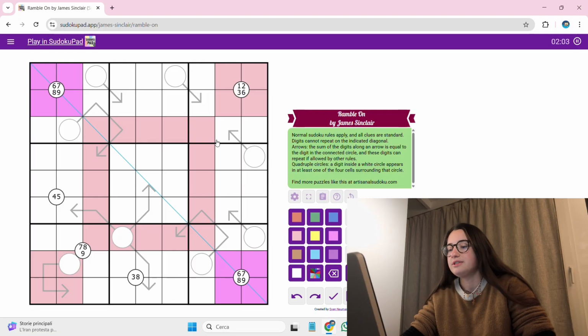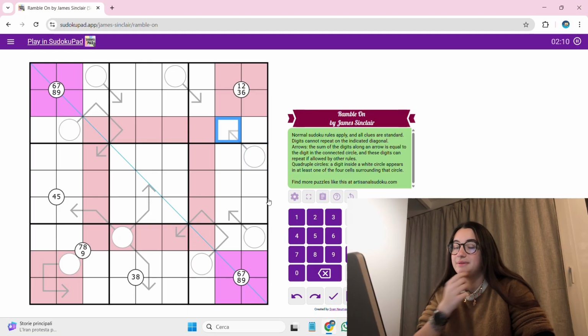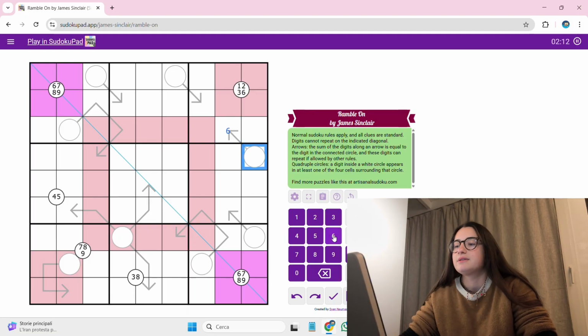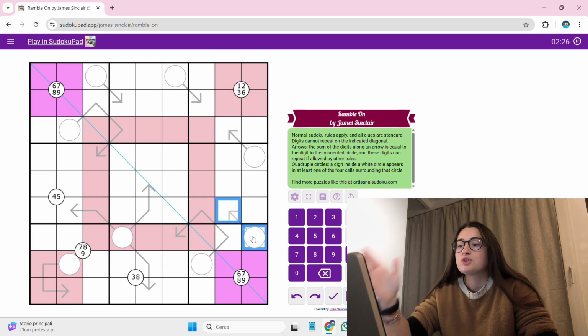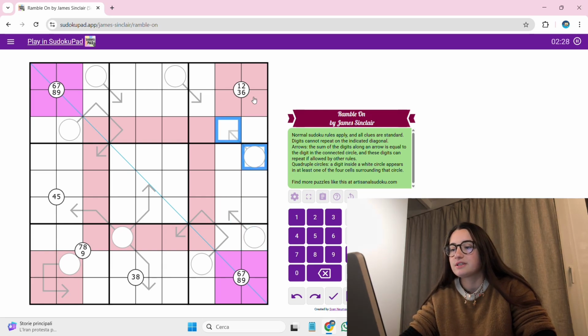Something else that I noticed is that, for example, here we need 2 digits that are basically the same. So let's say this being a 6 would mean this being a 6. But we have many restrictions, because we know that 6, 7, 8, and 9 are taken here, and 1, 2, 3, 6 are taken here, which means that neither of these arrows can contain 1, 2, 3, 6, 7, 8, or 9.